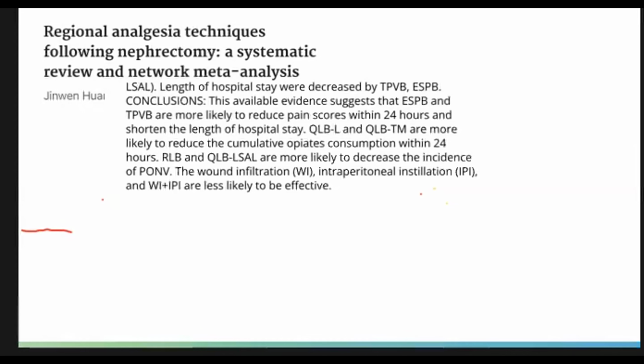Anybody else have any experience with transversalis fascia? TAP block, of course, like Madam Manjula told, we're not covering the visceral pain. The same thing will apply to this also, but what I have seen is patients are quite comfortable with the transversalis fascia plane block.